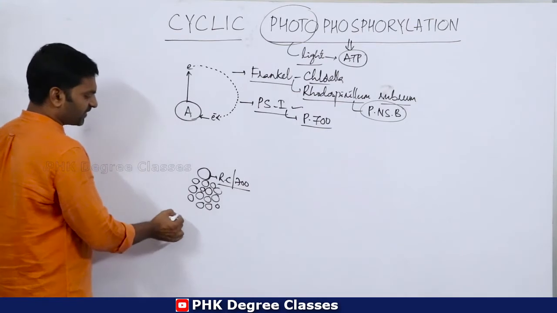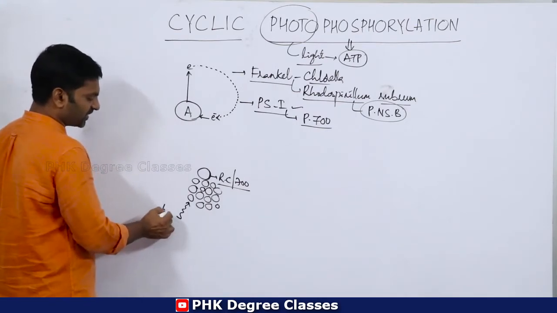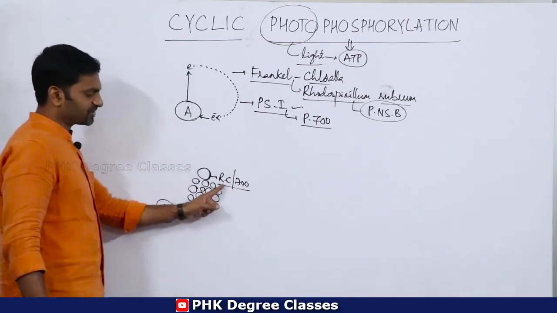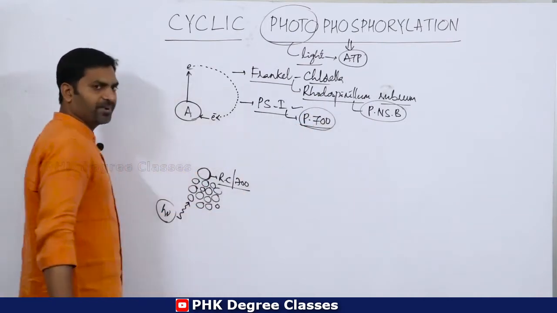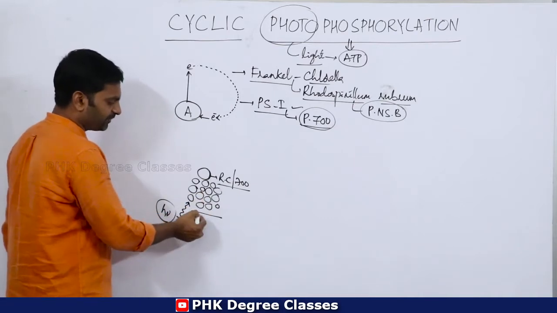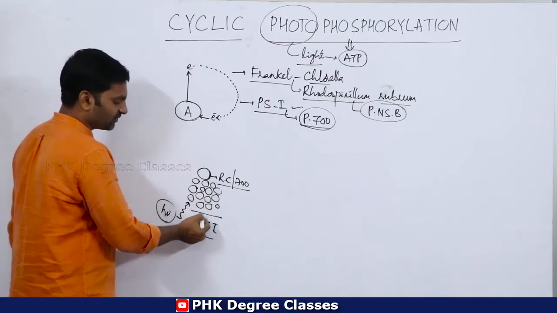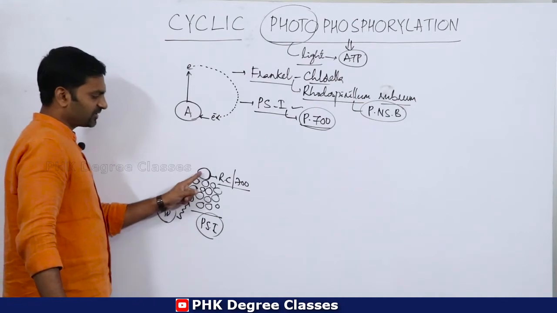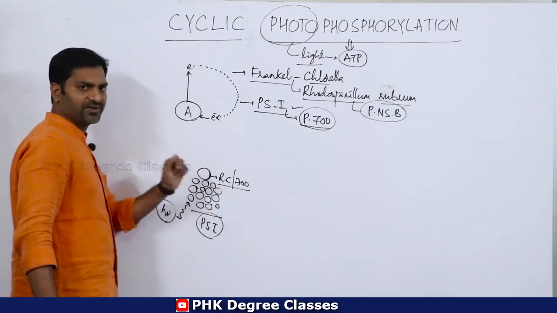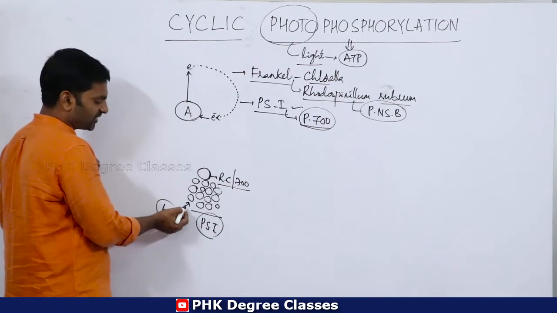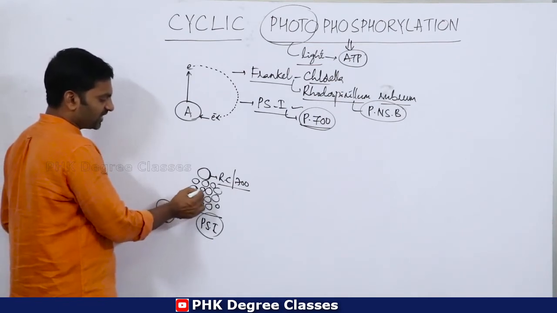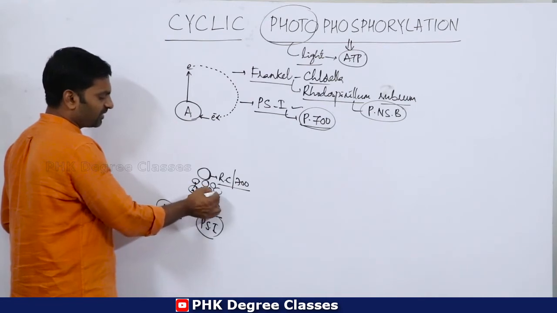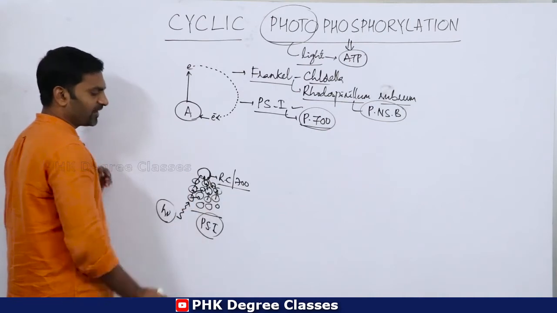Photosystem 1 is the complex whose reaction center is P700. Whenever it receives sunlight, the energy moves from one chlorophyll molecule to another, and finally it reaches the chlorophyll a molecule.